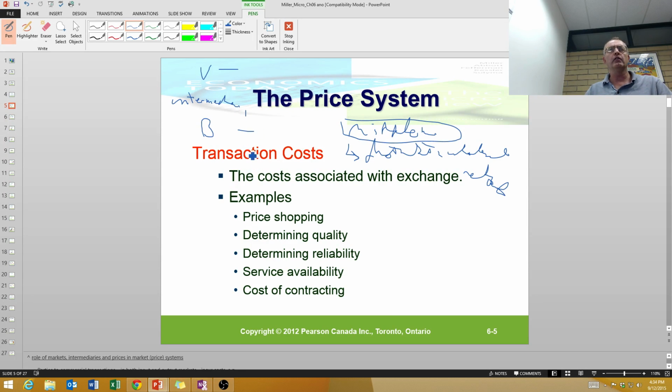And the parties to a transaction, whether you're on the buyer side or the vendor side, incur costs when they undergo a market exchange. Vendors have to spend money looking for buyers, and buyers have to spend money looking for vendors of the goods they want. We all know that vendors spend money on advertising, for example. And likewise, buyers also have costs when they look for products.